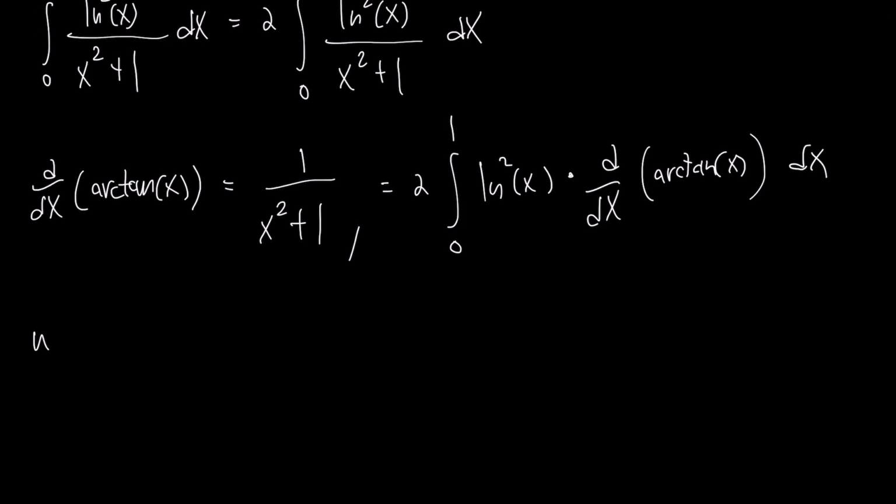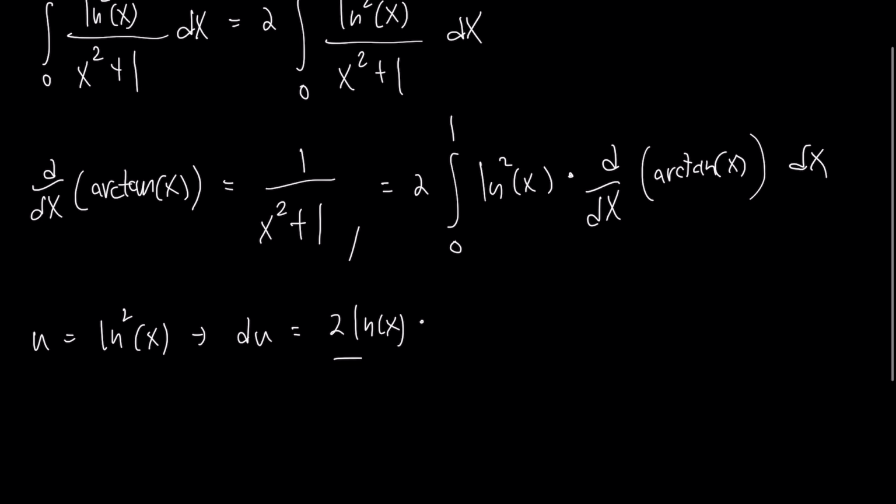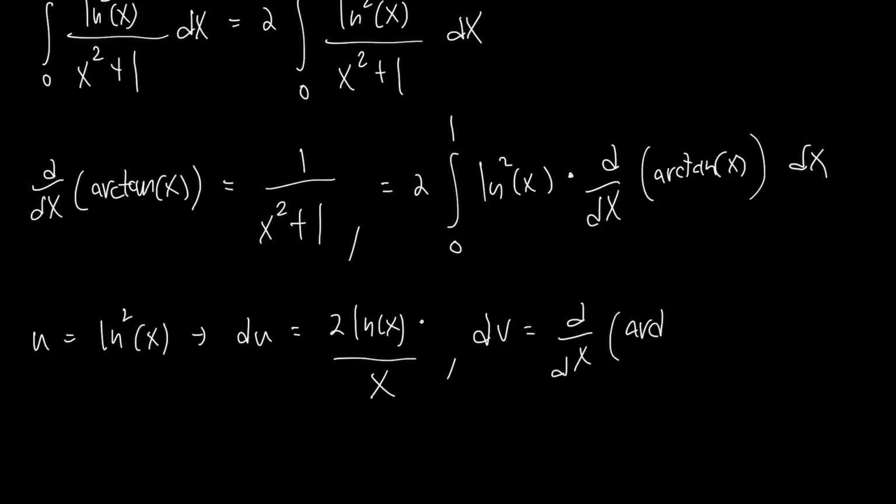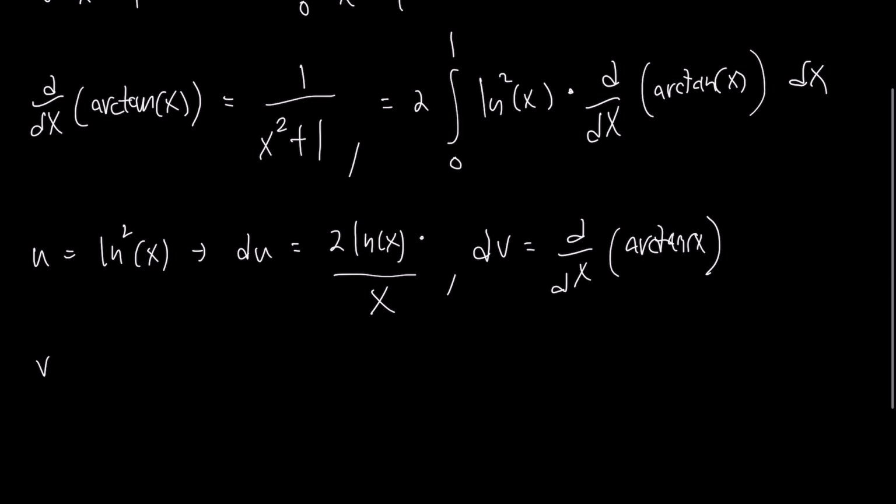So we can let u equal to the squared logarithm, so that du equals 2 natural log of x times the derivative of the natural log of x, which is 1 over x, and dv equals the derivative of the arctangent of x, which means that v equals arctangent of x because you integrated it.